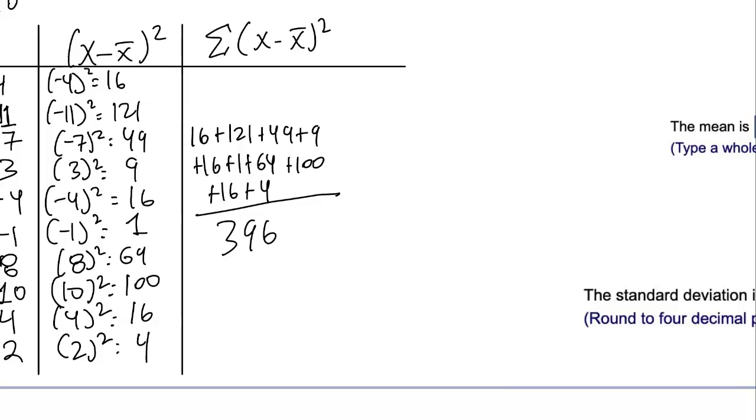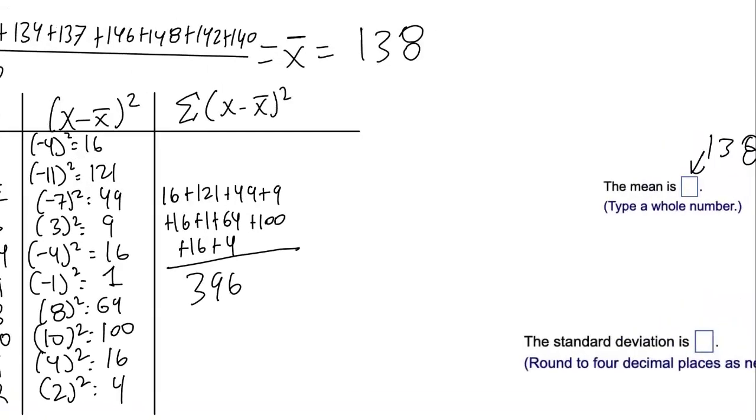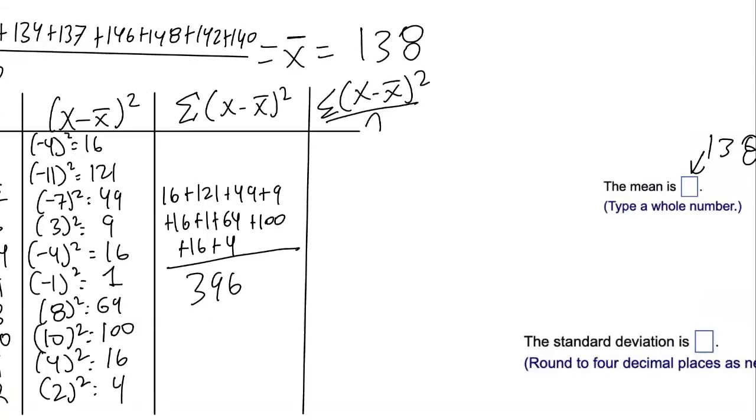After you find the summation, you take that number and divide it by how many there are, so it's pretty much taking the average. So 396 divided by 10 is 39.6.